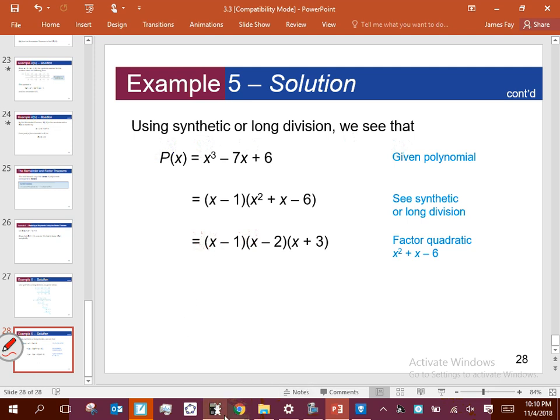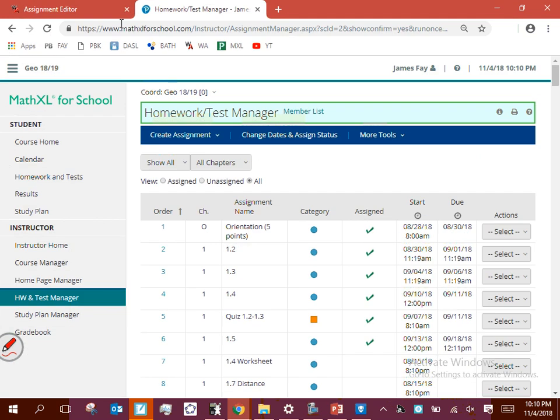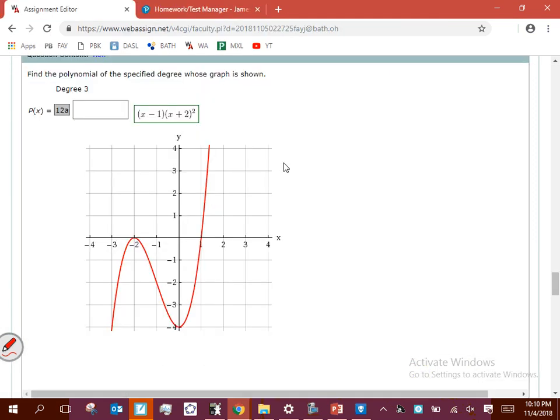I do want to go to WebAssign and do one of these problems with you. This one here. We kind of started with this on Friday, but I want to show you how to address this so that we end up with the correct function. It says find the polynomial of the specified degree whose graph is shown. Obviously, we know that we're going to have a 0 at negative 2.